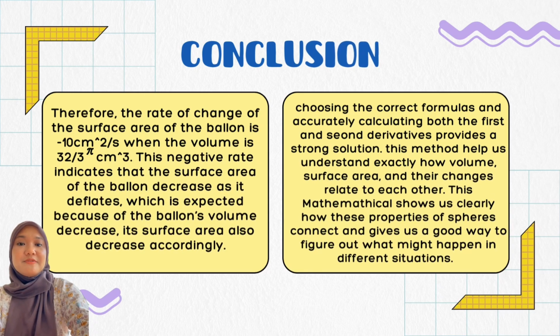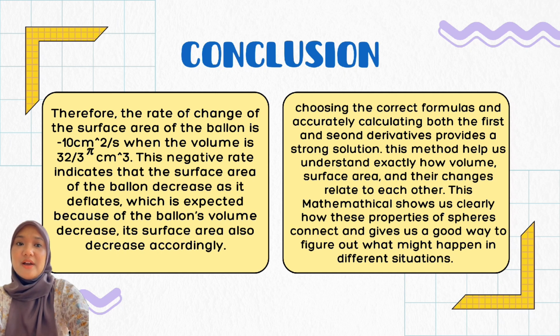Therefore, the rate of change of the surface area of the balloon is negative 10 cm squared per second when the volume is 32 over 3 pi cm cubed. This negative rate indicates that the surface area of the balloon decreases as it deflates, which is expected because as the balloon volume decreases, its surface area also decreases accordingly.